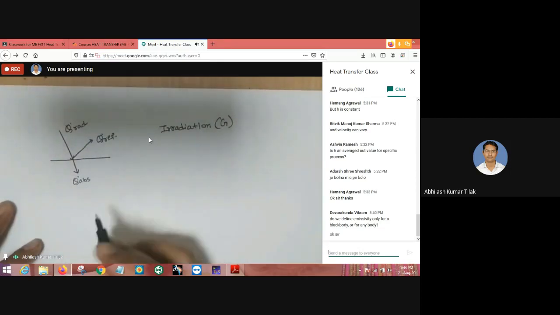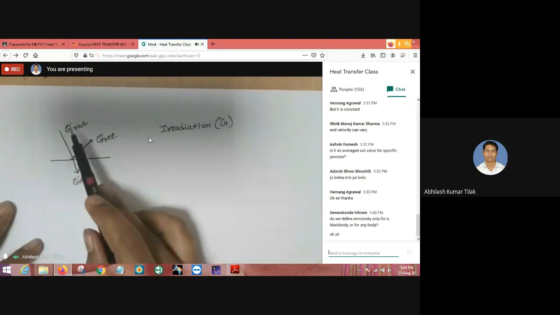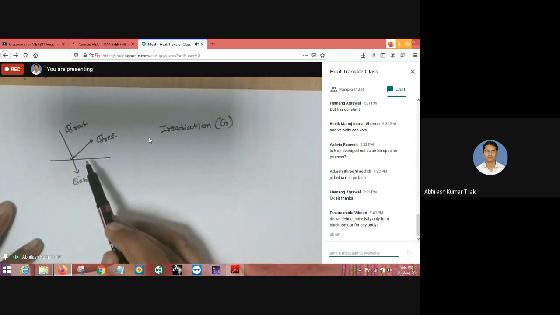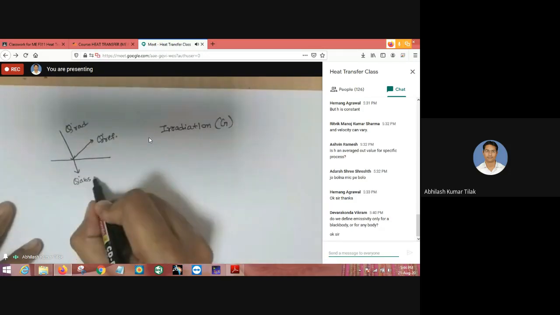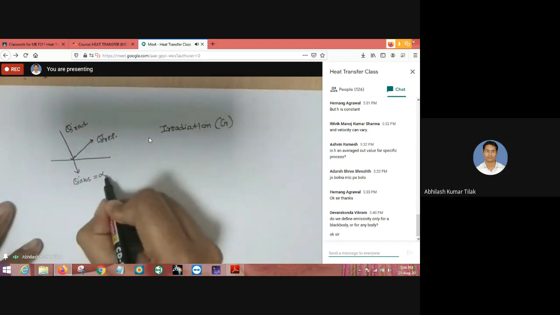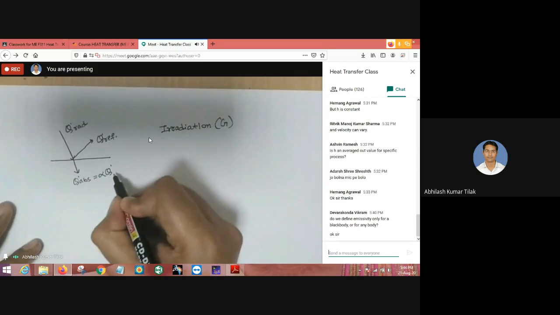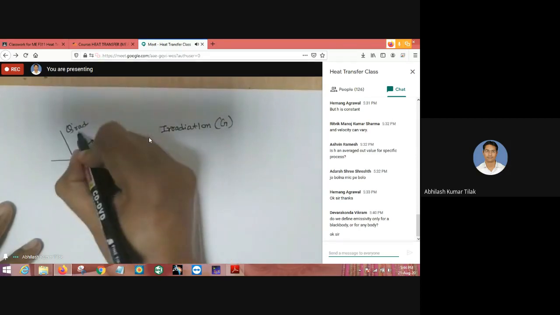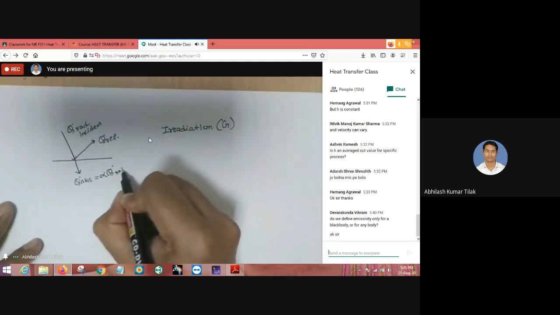Now this Q absorbed is a part of this incident radiation which is incident to the surface here. So here we define one property that is known as absorptivity. This energy is given as alpha, that is absorptivity, into Q radiation which is incident.